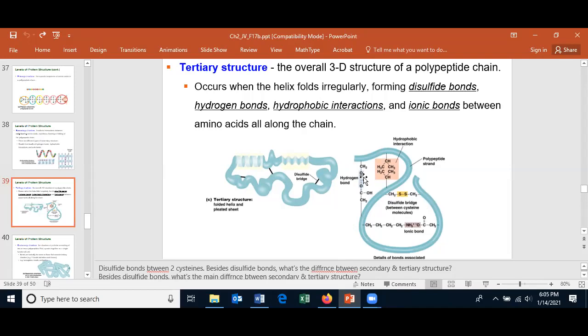So this bond can break and reform all the time at room temperature. This bond, once it forms, it's going to be fairly permanent. It can break, but it doesn't break very often.